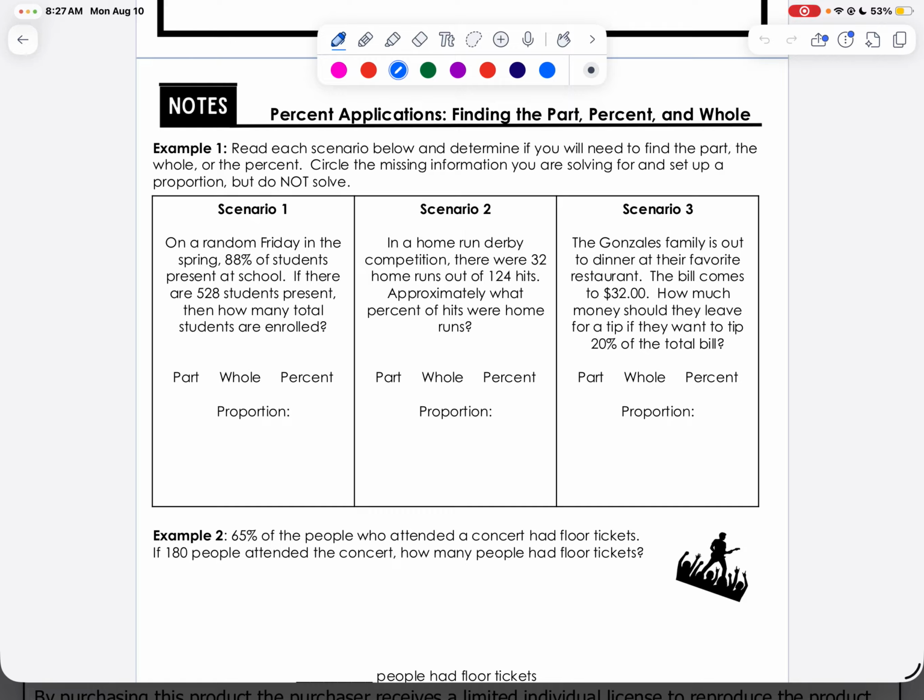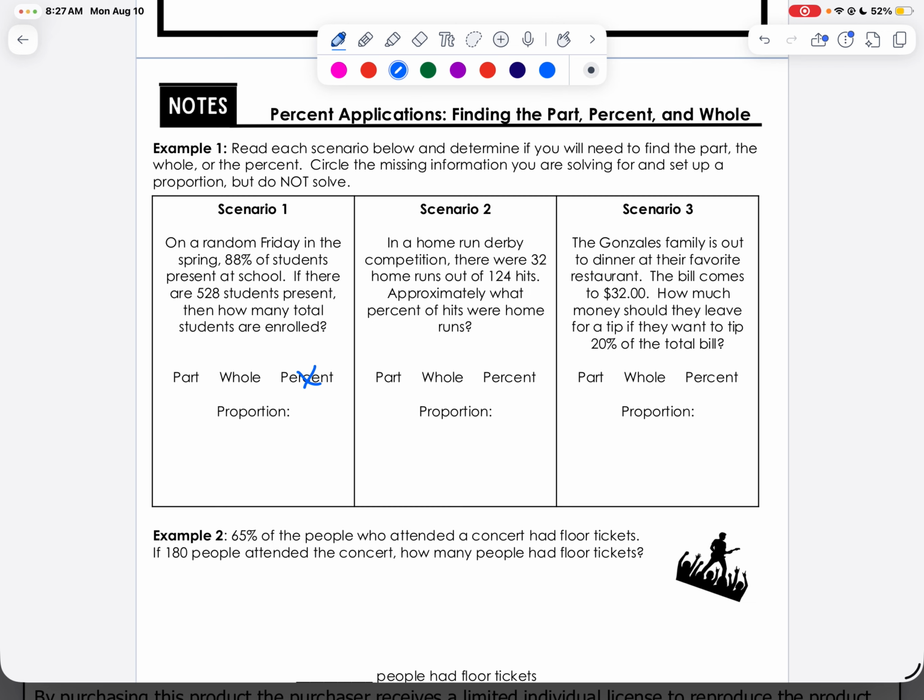So in scenario 1, it says on a random Friday in the spring, 88% of the students are present at school. If there are 528 students present, then how many total students are enrolled? So we know we're not finding the percent here because they gave us the percent. And if you look at the question, it gives you a hint of what we're trying to find.